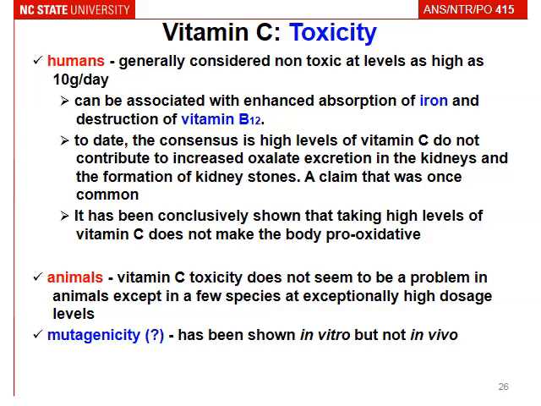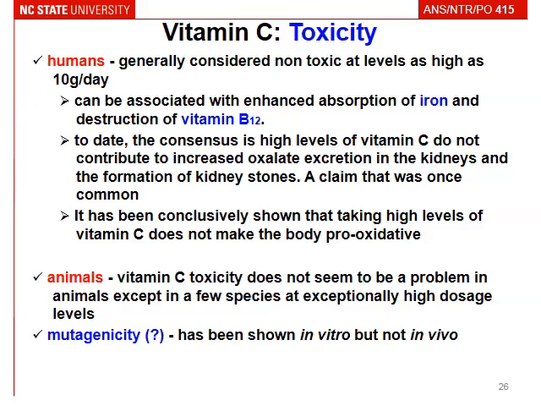So, toxicity with vitamin C in humans and animals is not really thought to have any toxic effects. Because it is water soluble, you can excrete a significant amount. You can take up to 10 grams per day, but for any levels greater than 2 grams per day, there's no added benefit.